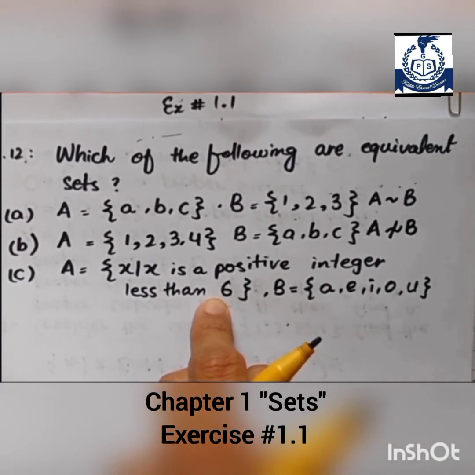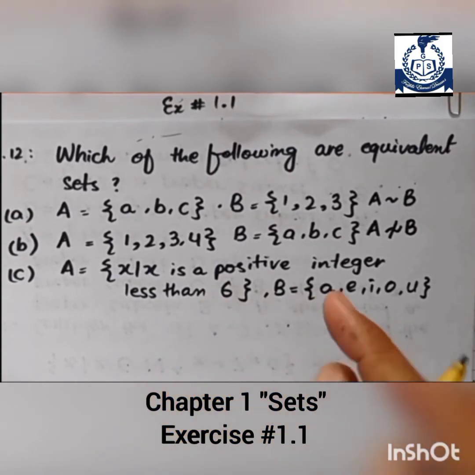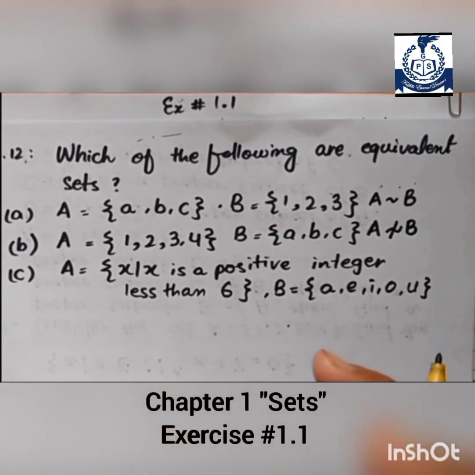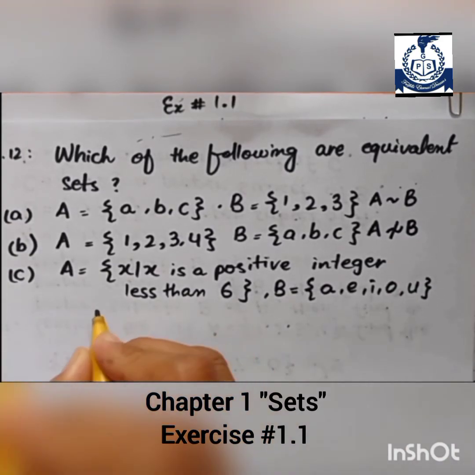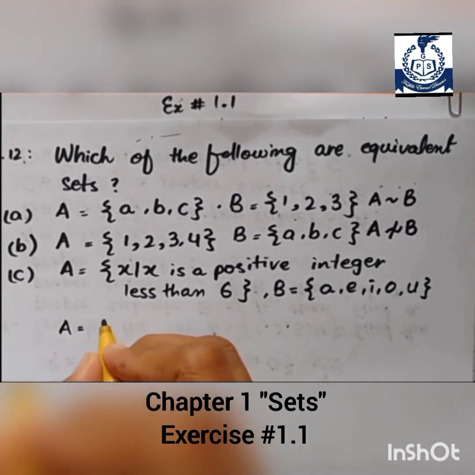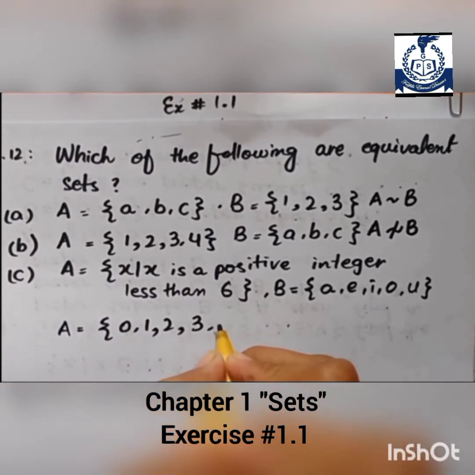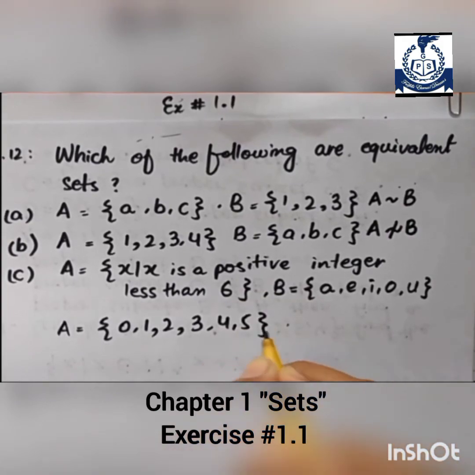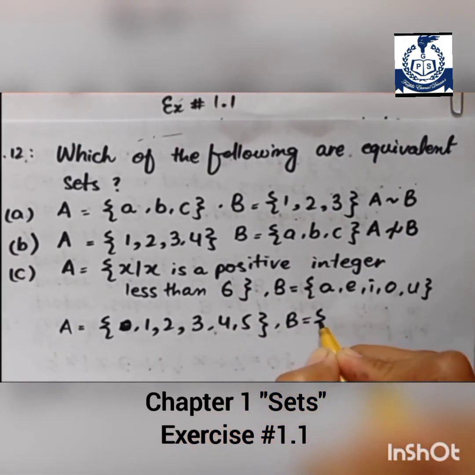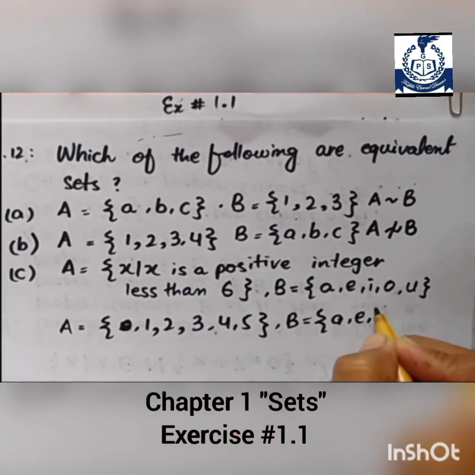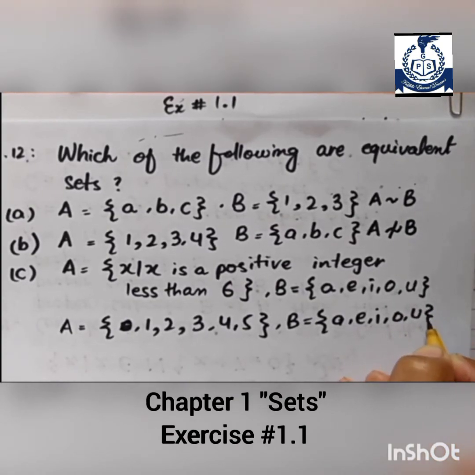Part C: A is equal to x is a positive integer less than 6. So A has positive integers which are less than 6, means 1, 2, 3, 4, 5. These are 5 numbers which are less than 6. And B has 5 elements a, e, i, o, u.